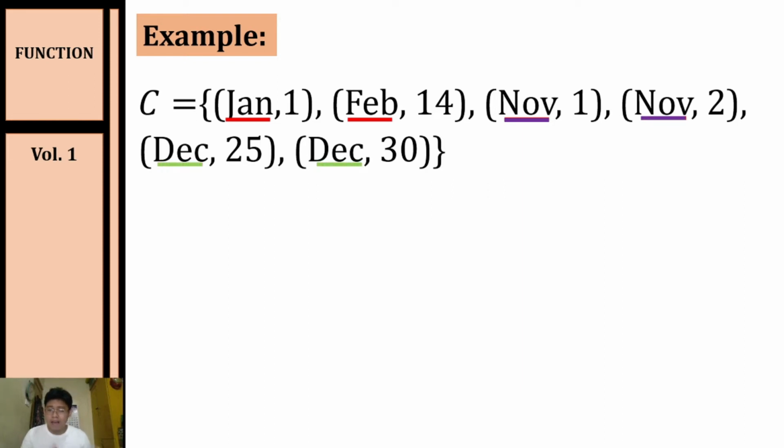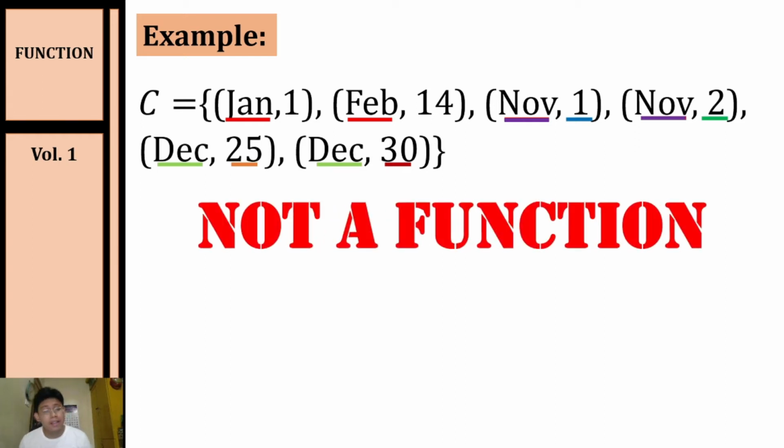Since we have a repeating element of x, let's identify if they have different values of y. If they have different values of y, automatically, this set will be considered not a function. For November, we have different values of y, and for December we have different values of y. Therefore, this relation is not a function.